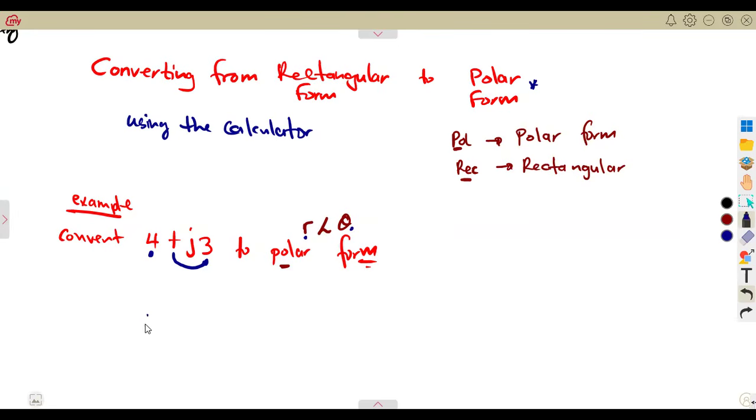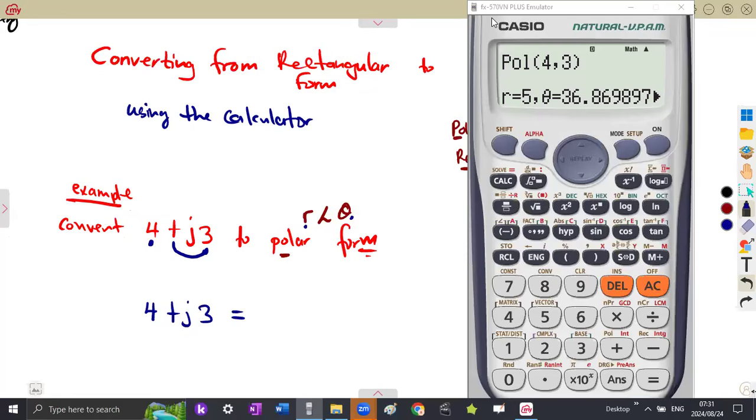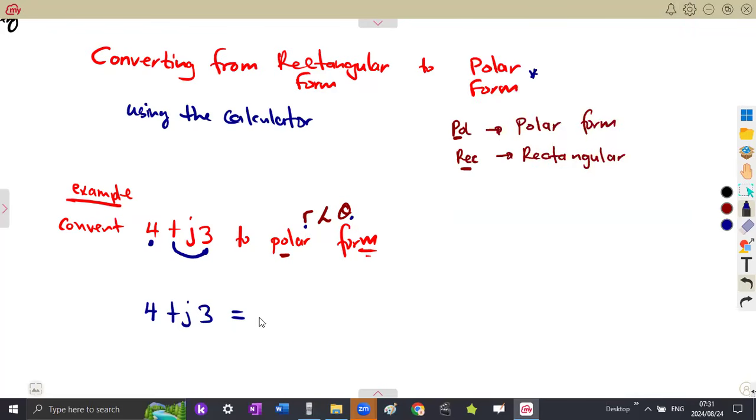Let's see what we obtain. For 4 plus J3, we check the value of r. R is equal to 5.